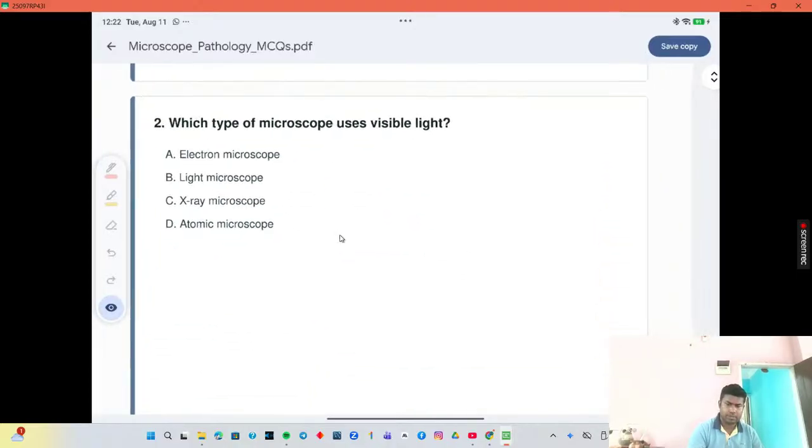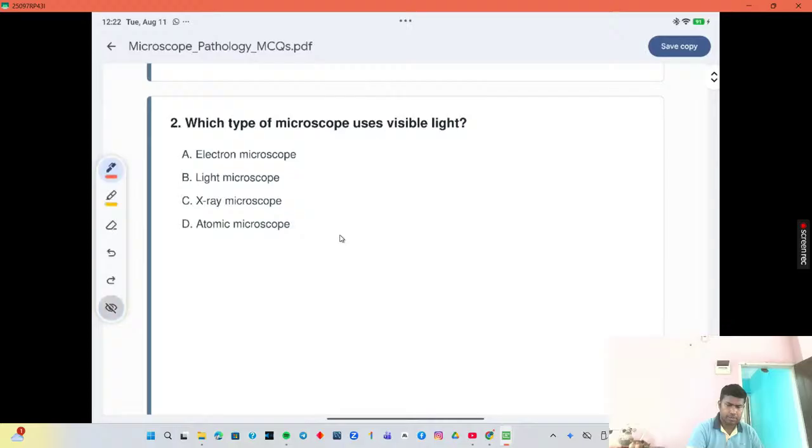Now the next question is given as, which type of microscope uses visible light?